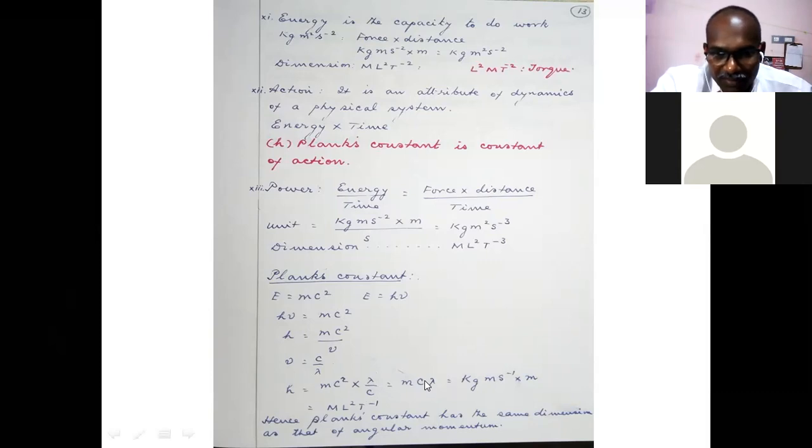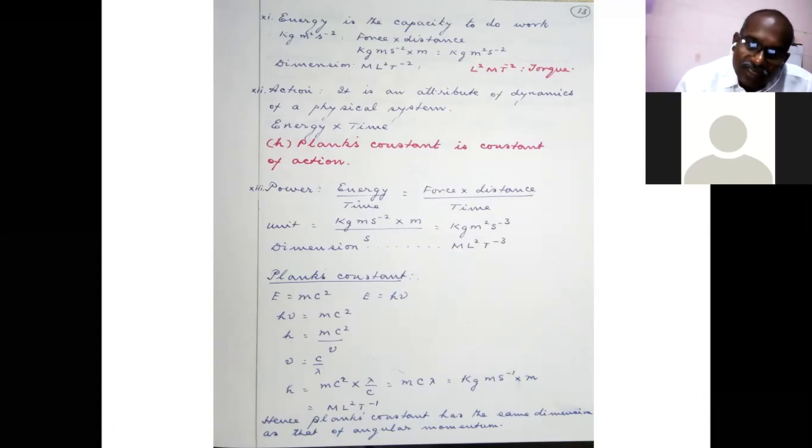What is c? Velocity, meter per second. What is lambda? Again meter. If you multiply these factors, h has the dimension M L square T minus 1. Therefore, Planck's constant has the same dimension as that of angular momentum.